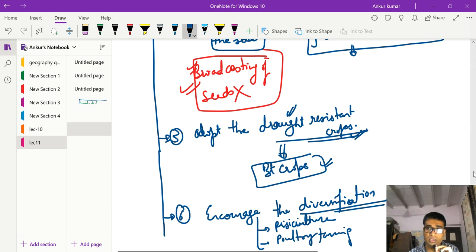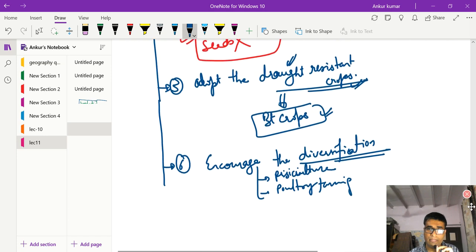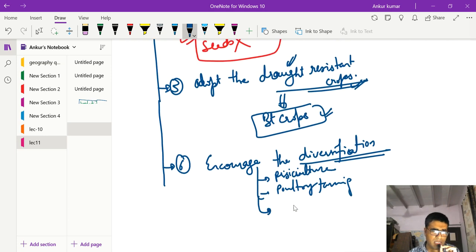And other diversification methods that we have, like the agroforestry is again a diversification method.